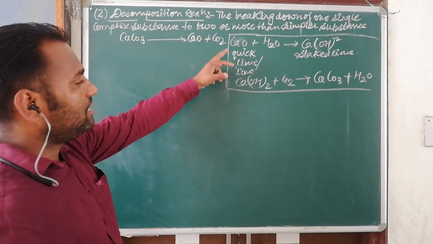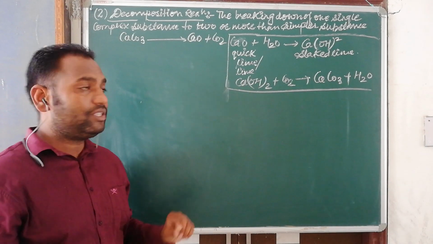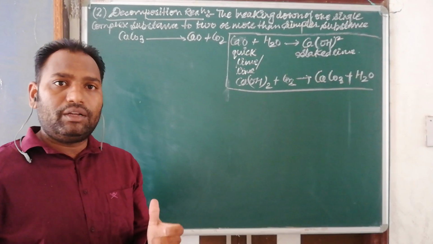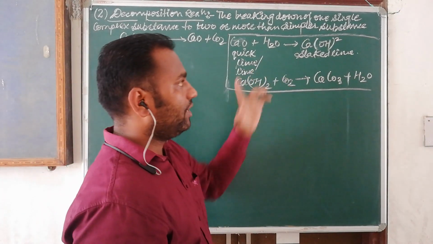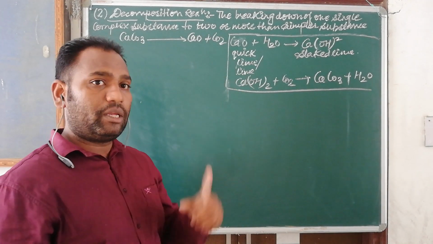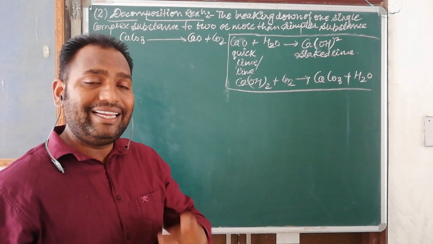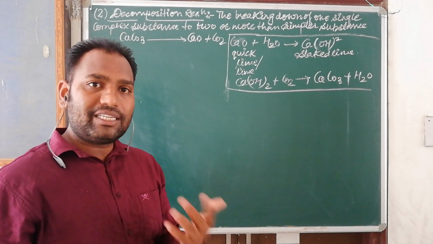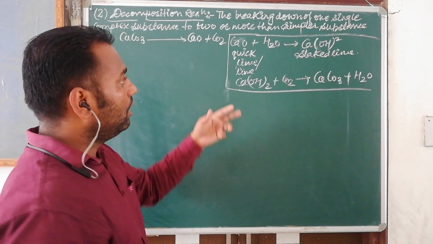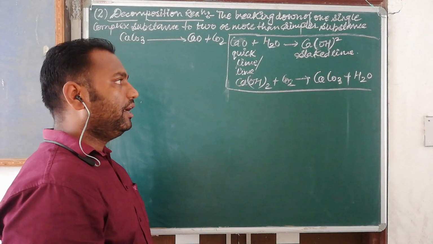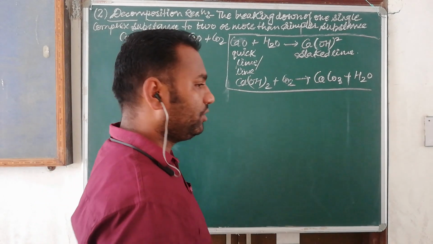Very important. Calcium oxide, which is quicklime, reacts with water. You have seen this white powder already, used in whitewashing. It forms slaked lime. This is an exothermic reaction because too much heat is evolved. And when calcium hydroxide reacts with carbon dioxide in the atmosphere, it forms CaCO3.